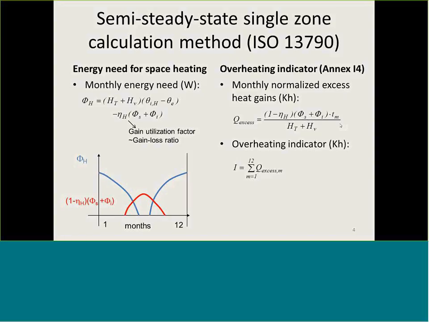And so the result is a temperature excess expressed in Kelvin hours. By summing up all these monthly normalized excess heat gains, we get an overheating indicator for the full year with units Kelvin hours. And so this value should not exceed a given value in the requirements.